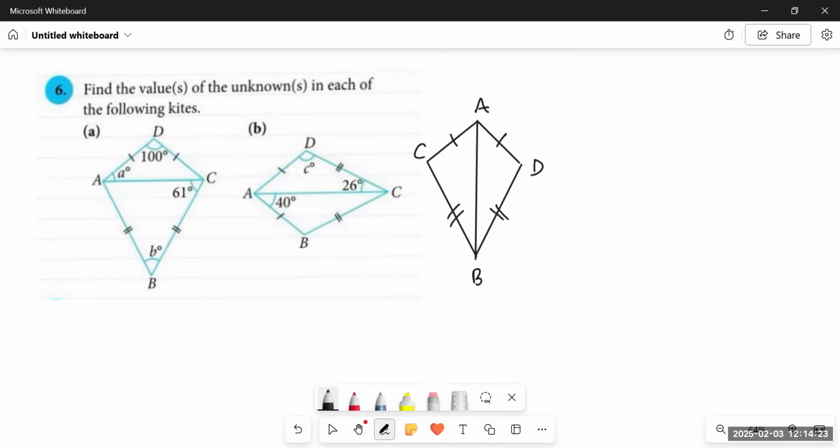If we look at point A, angle BAC is given. This angle is given as 40 degrees. And another angle is also given, that is ACD, which is 26 degrees. And we have to find out the angle at point D, which is ADC, angle C. So how can we find this angle now?